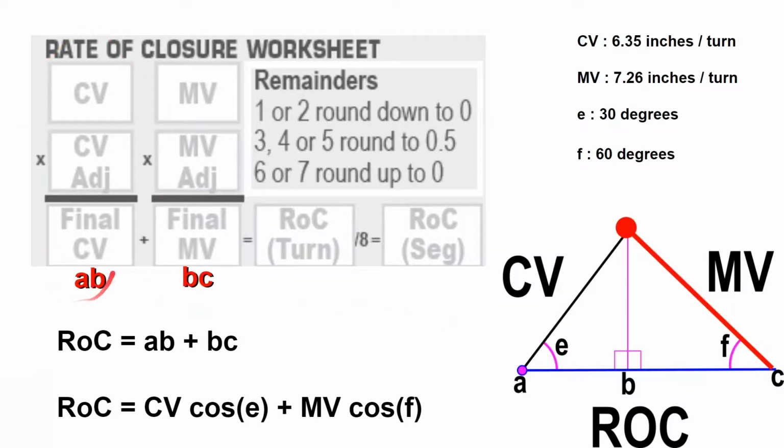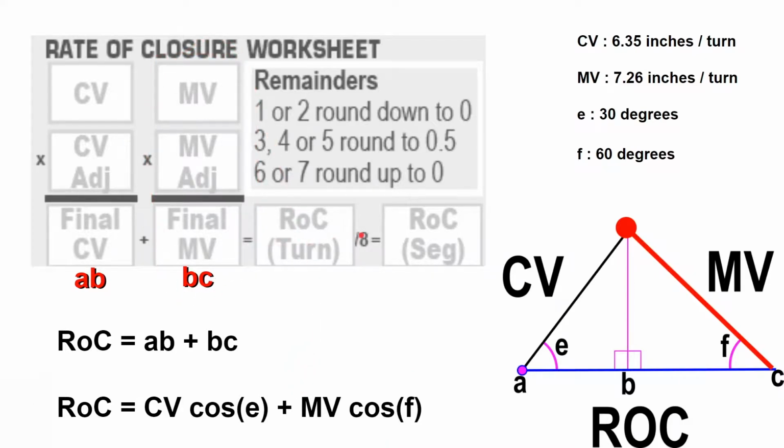Okay, so the CV column corresponds to right here, so that's AB. The MV column corresponds to this segment over here, BC. So this part of the formula corresponds to this part, and this formula over here corresponds to this part over here.